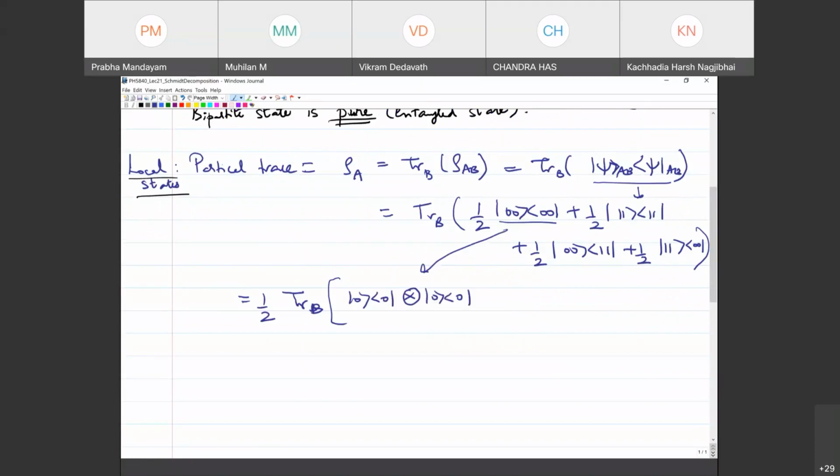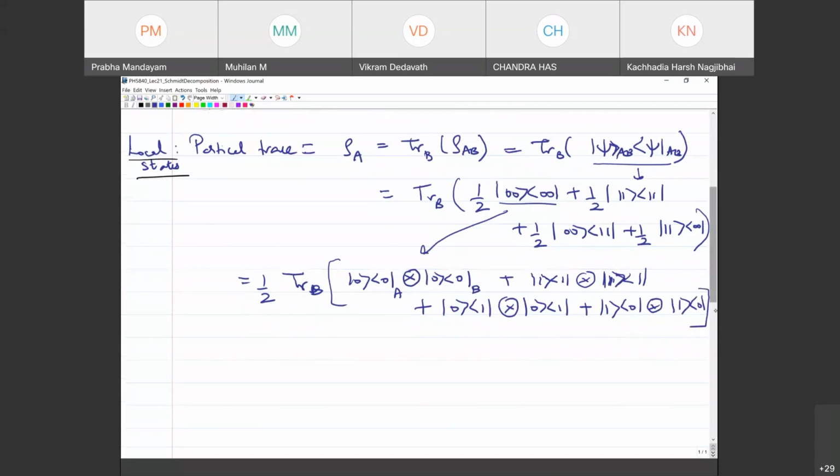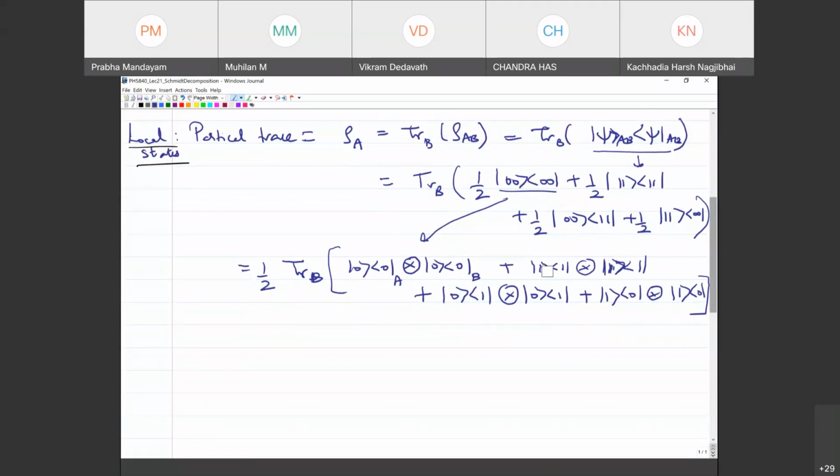One is in subsystem A and the other is subsystem B, plus |1⟩⟨1| tensor |1⟩⟨1|, plus |0⟩⟨1| tensor |0⟩⟨1|, plus |1⟩⟨0| tensor |1⟩⟨0|. Please do this math with me, and if there are any doubts, please ask me. As always, this is A and this is B.